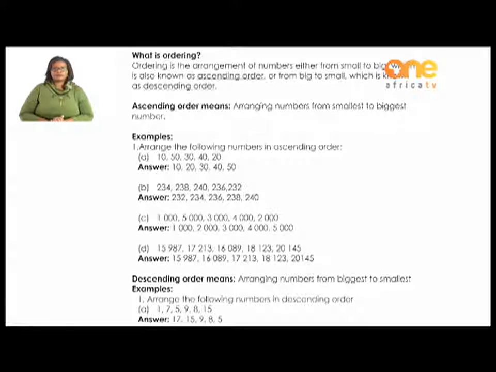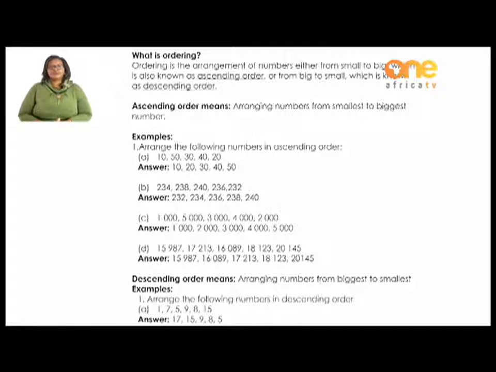So the smallest number there will be 15,987, followed by 16,089. Then we go to 17,213, 18,123. Then the last one will be 20,145. So now we are done with ascending order.